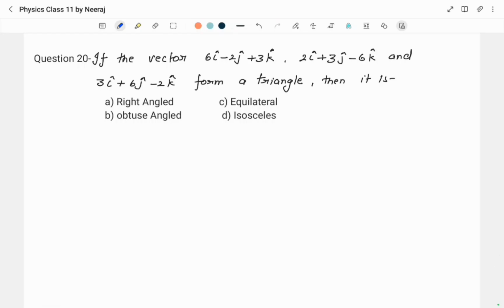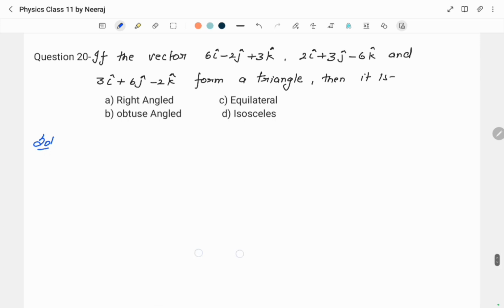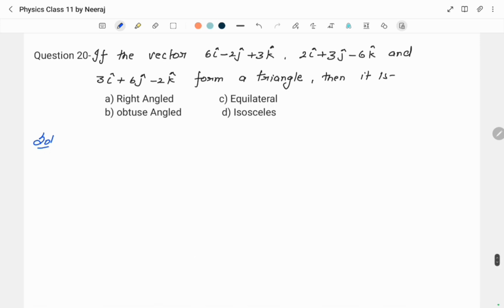If the vectors given form a triangle, then find the type of triangle. Okay. In this numerical, three vectors are given and it is asked which type of triangle they are going to form. First write, let vector A be given as 6i minus 2j plus 3k.